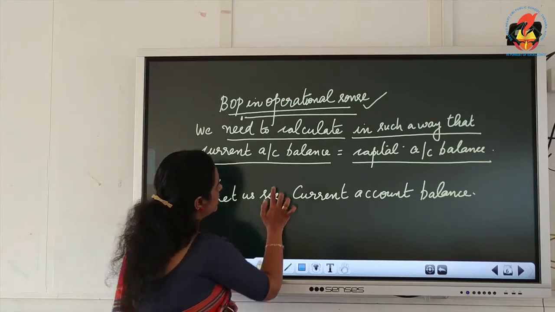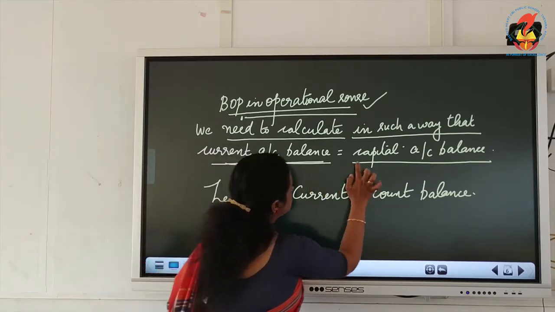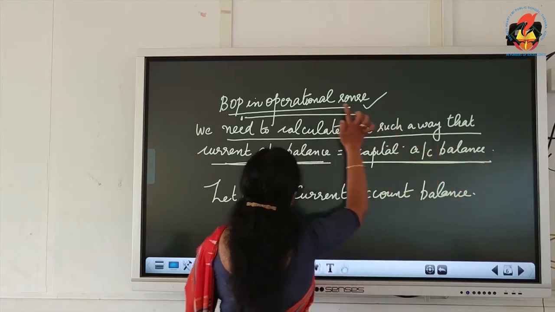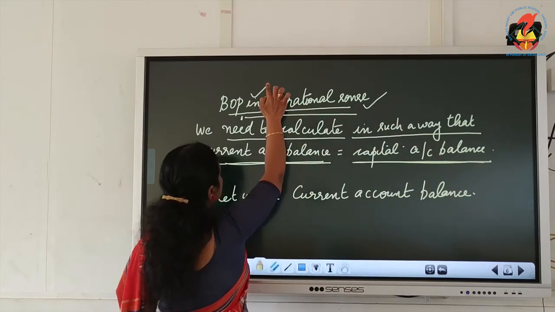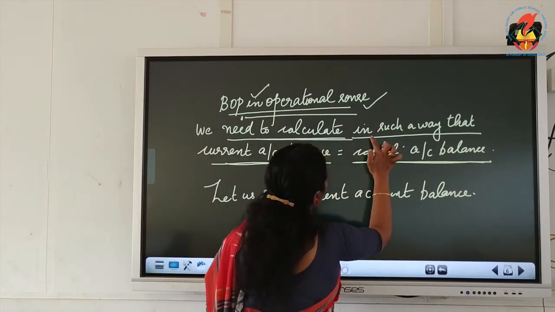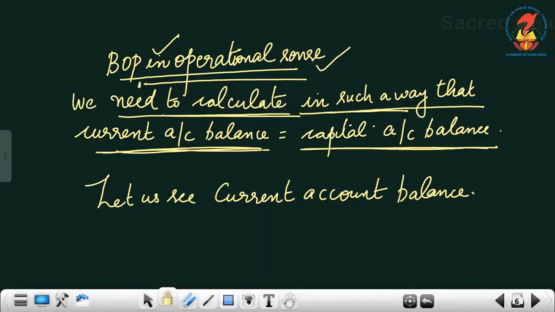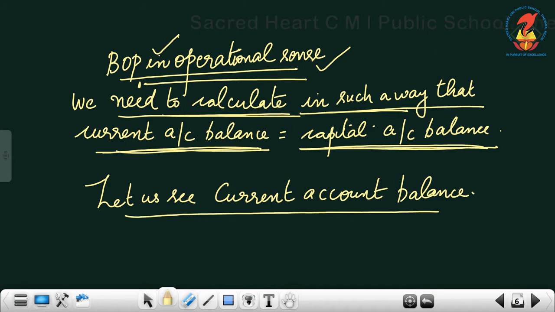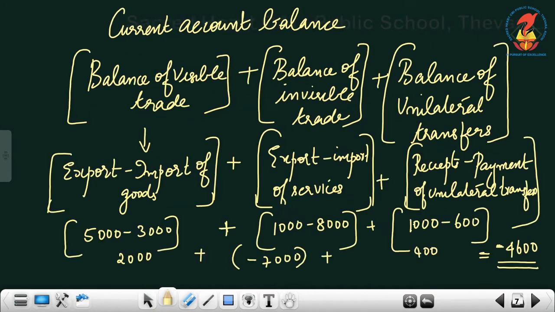Now let us see how the current account balance is equal to capital account balance. To calculate BOP in operational sense, we need to calculate in such a way that current account balance is equal to capital account balance. Now let us see how we do current account balance.